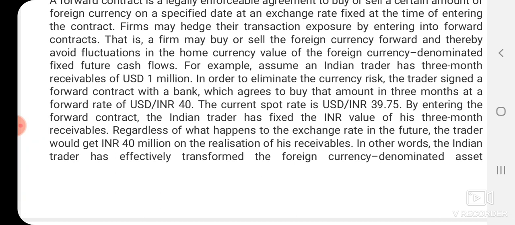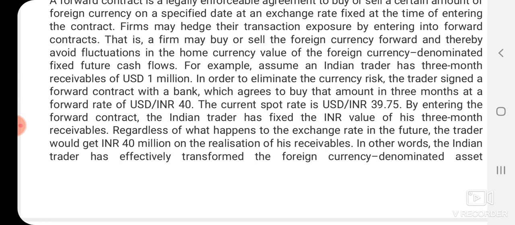For example, assume an Indian trader has 3-month receivables of 1 million US dollars. In order to eliminate the currency risk, the trader signed a forward contract with a bank.